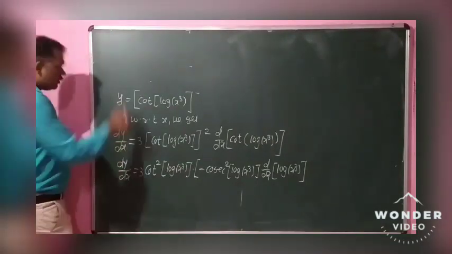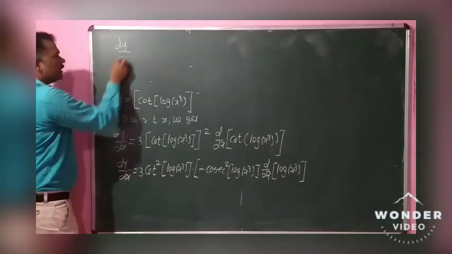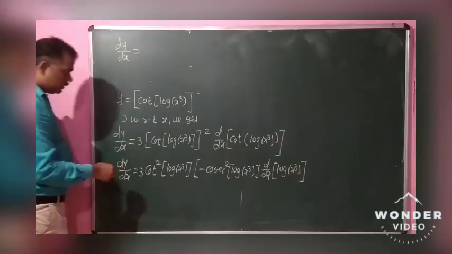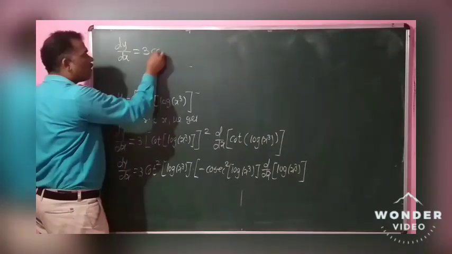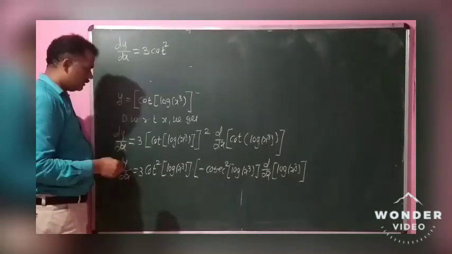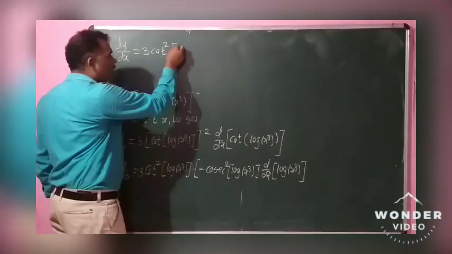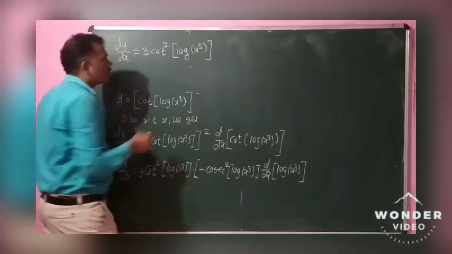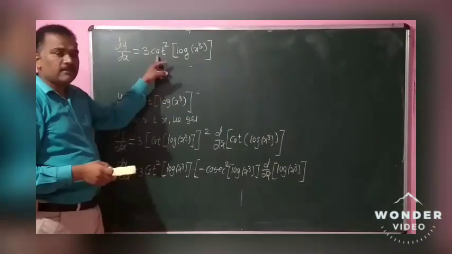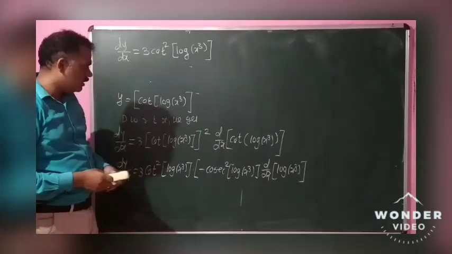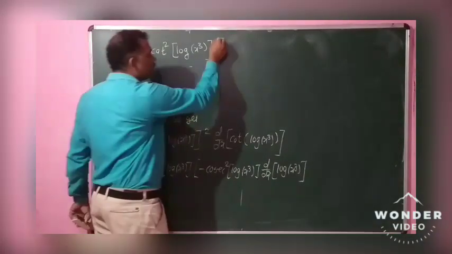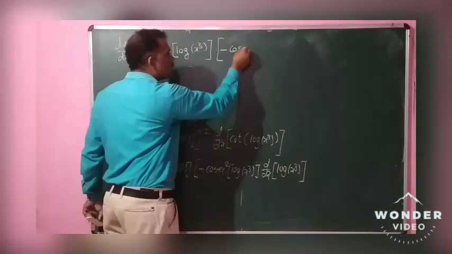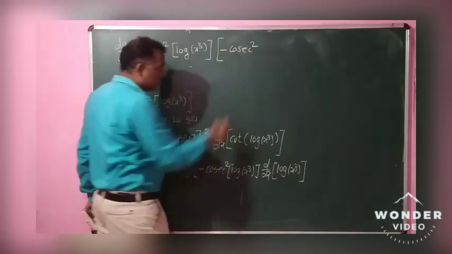Now what do we get? dy by dx is equal to 3 into cot square log of x cube, into minus cosec square, what is the angle?